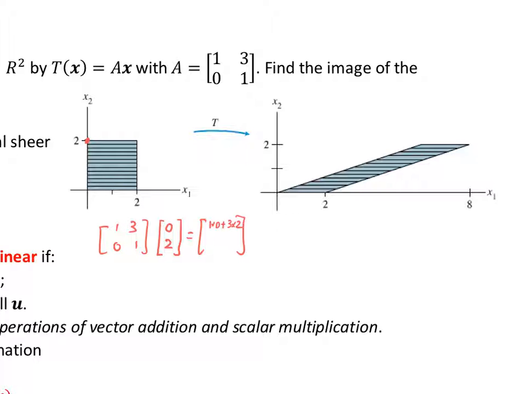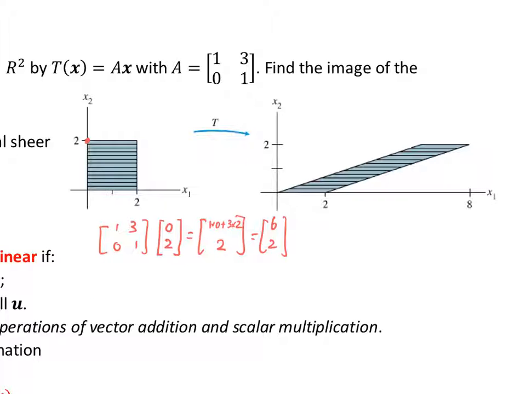So it returns you the second entry, which is 2. Which gives you 6, 2. Now if you sketch that, this actually is this guy. So this 0, 2 is mapped to 6, 2. So that's the image of this point.